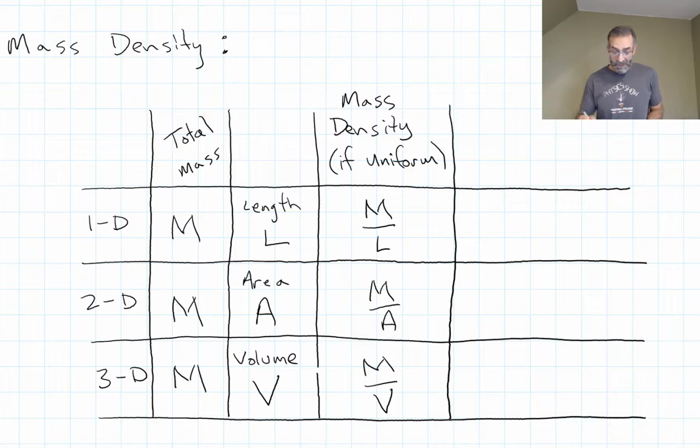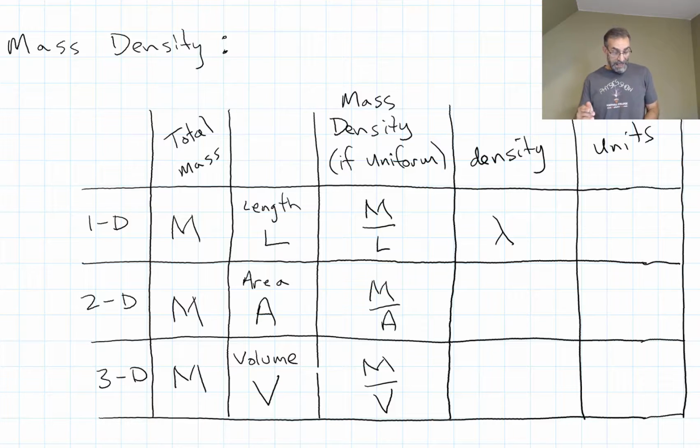So the symbol we use for density for a one-dimensional object is lambda. And lambda has units of mass, kilograms, over length, meters, kilograms per meter. We use a different symbol for the mass density of a two-dimensional object. We use sigma.